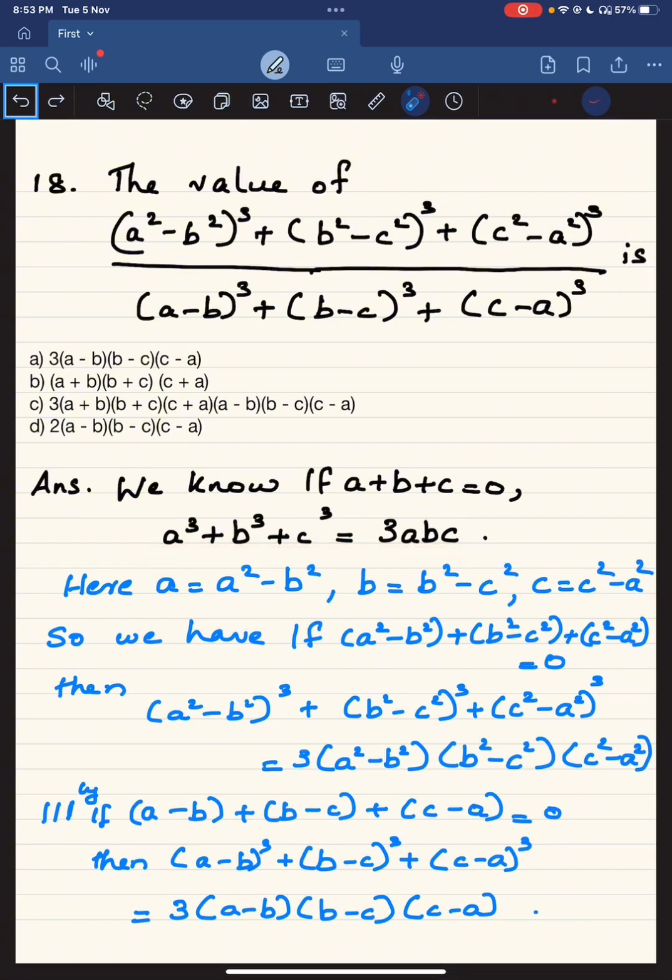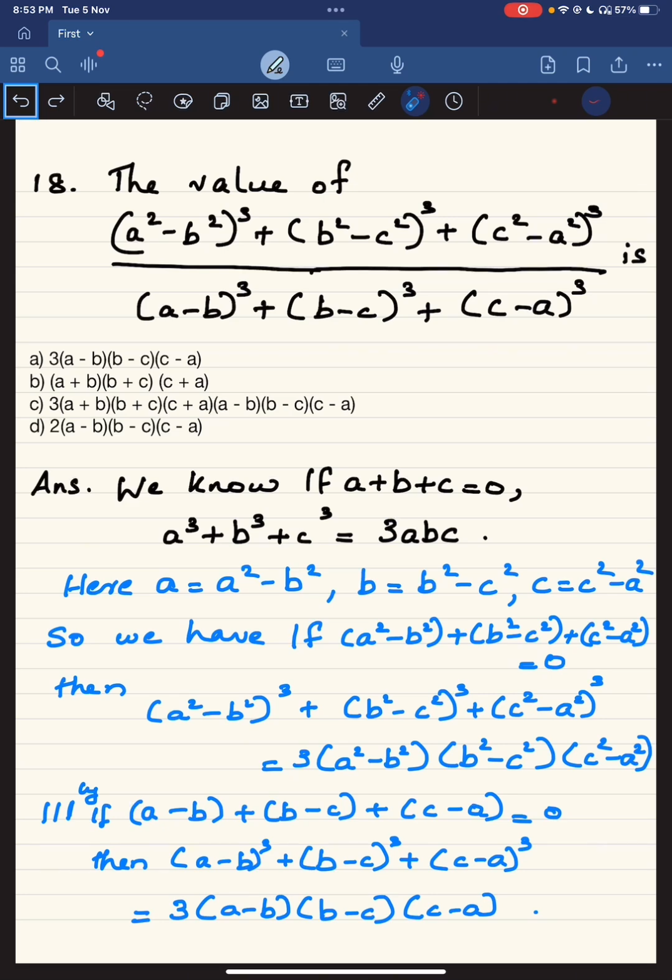But here, from this expression, we have a equal to a square minus b square, b equal to b square minus c square, c equal to c square minus a square, right?